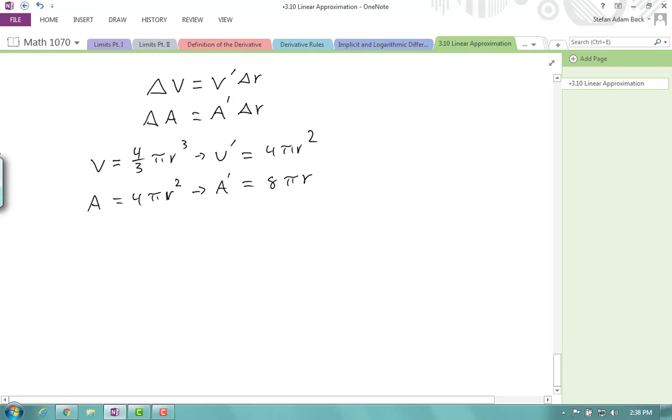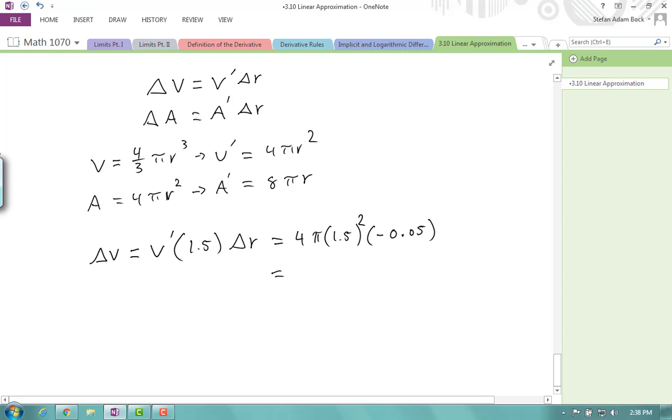Now what I always want to do is plug in the original values. So what I mean is my delta V will be equal to V prime of 1.5, my old value before I changed, multiplied by my delta r, which is 4 pi times 1.5 squared multiplied by negative 0.05.